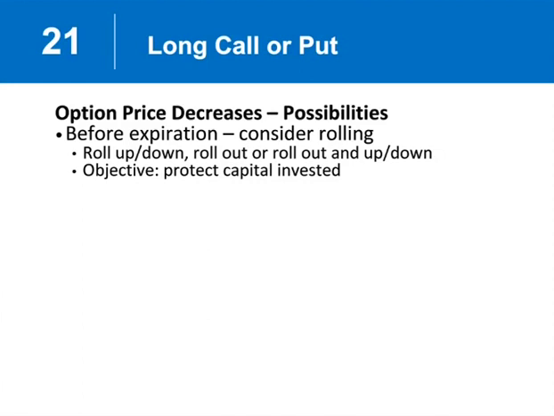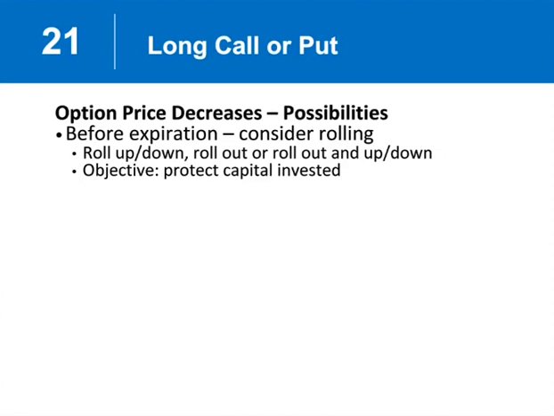If you roll out and up with a call or out and down with a put, you may be able to do that for a credit, depending on how wide the strike increments are and the implied volatility skew as you go out in time.